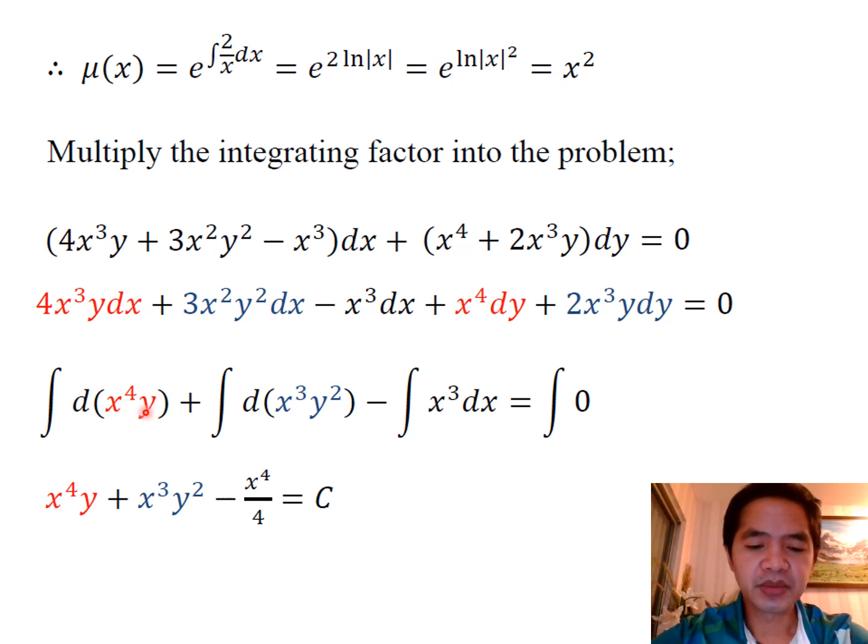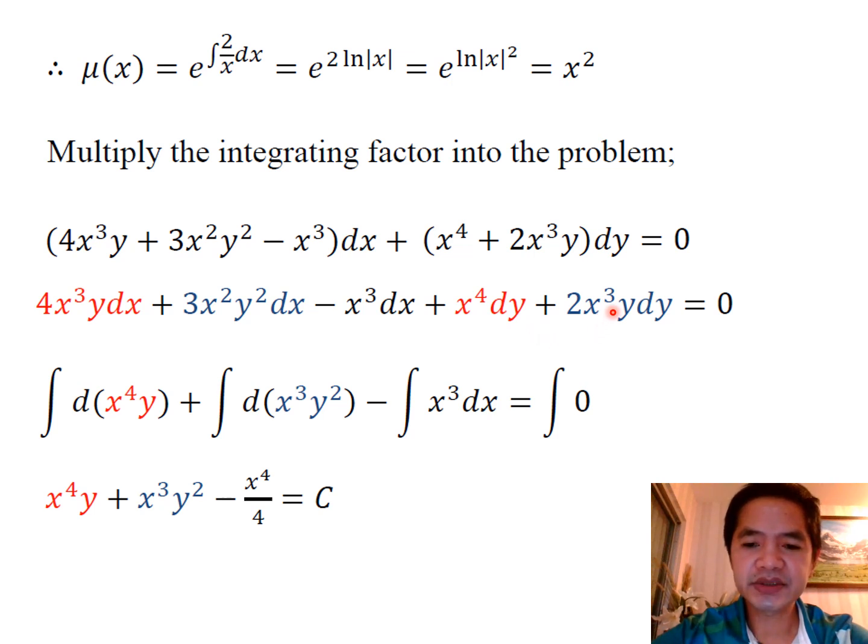The simplest way that I told you before is you look at the power of each one. This is to the third and this is x to the fourth. So the difference between the powers of each term should be only one. Okay, this could be the combination.